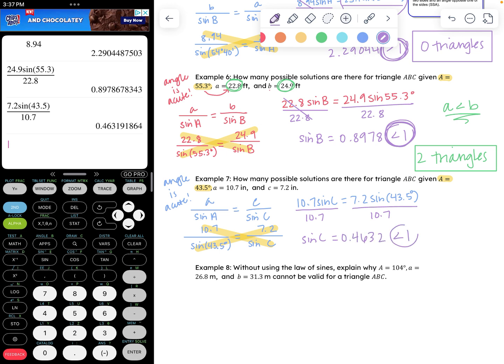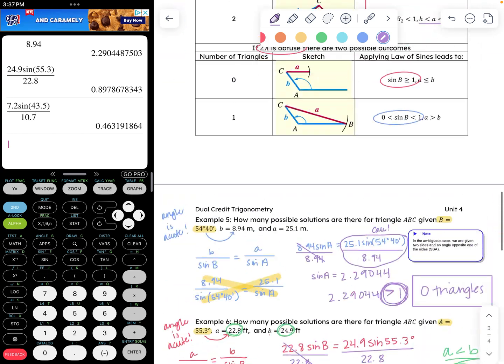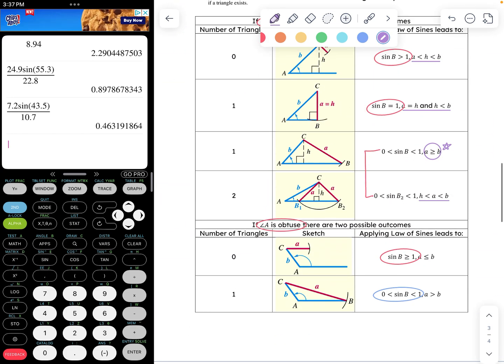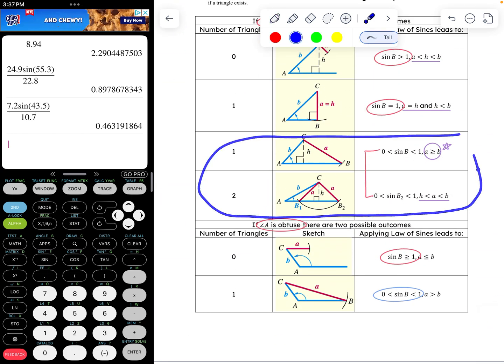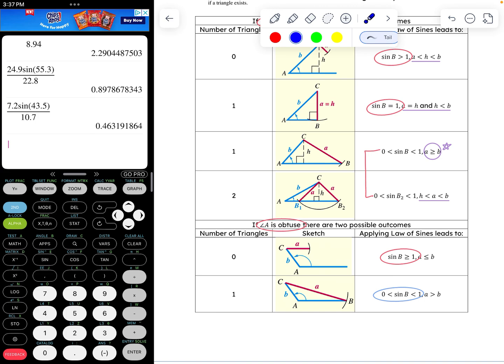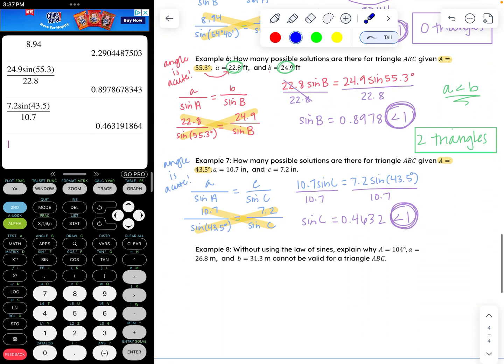So 0.4632, which is less than 1 again. So that means once again, we're looking at one of these two options. Remember we're replacing B with C, so I need to see if A is greater than or equal to C, or if A is less than C. If I look at this, the side A that I have is 10.7, and side C is 7.2.